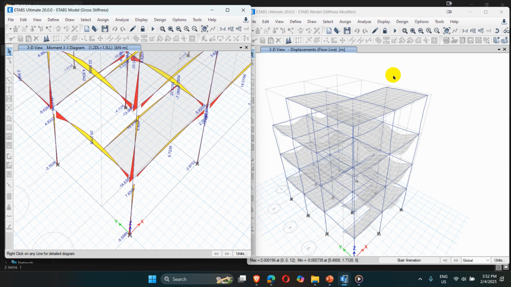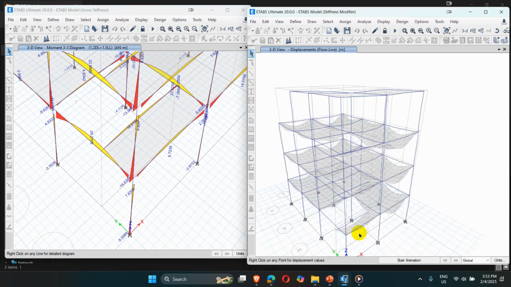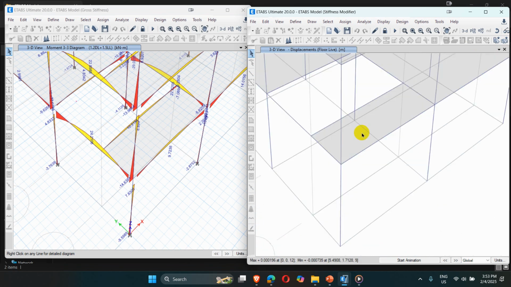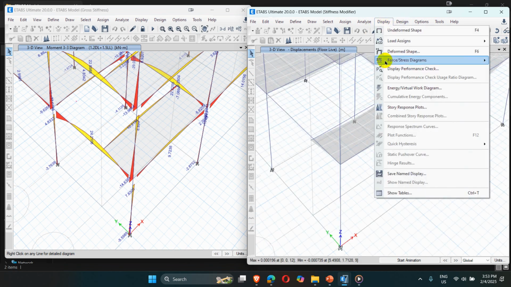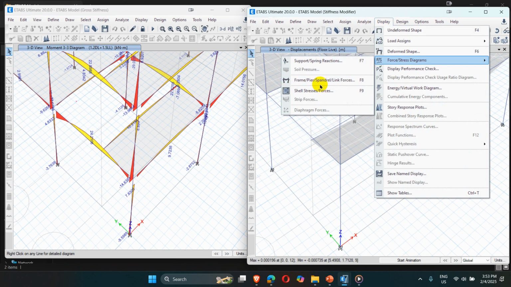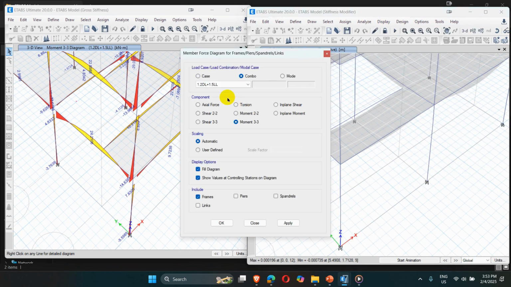Again, display force stress diagram, frame moment force, same.